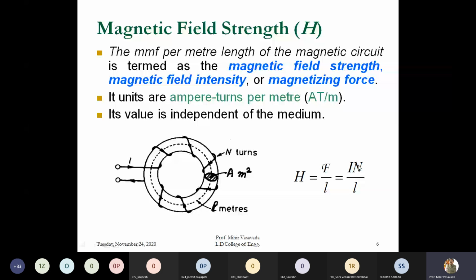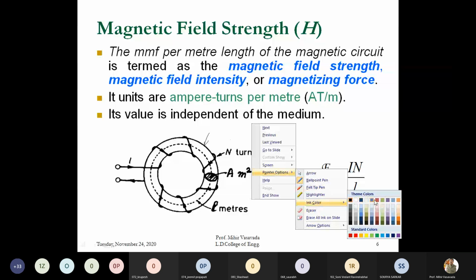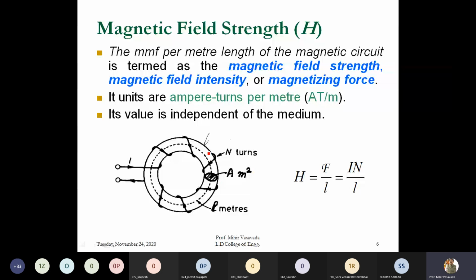look at the circuit. This is the coil. It is wound around a magnetic material, and this is the coil which is wound.